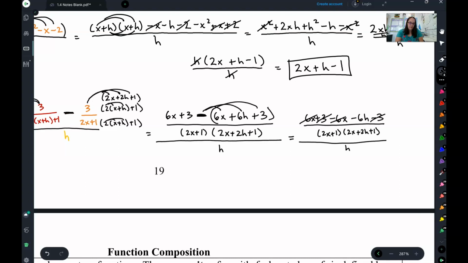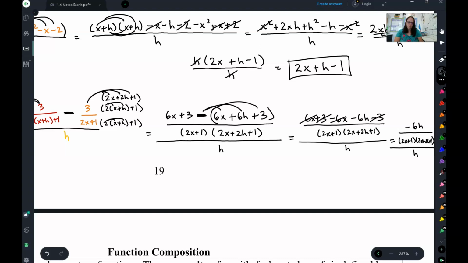Beautiful. So now I've got this negative 6h all over this wicked common denominator. I'm running out of room. All over h.